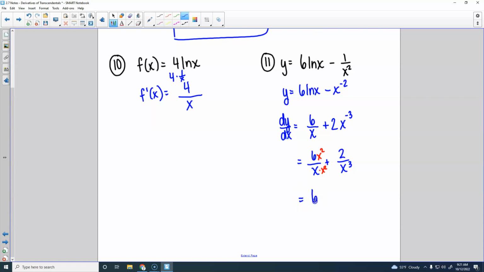So you would have 6x squared plus 2 over x to the third. Again, perfectly fine to stop here, but I do want you to look in the back of the book and try to get your answer to match whatever they have. That kind of helps you practice for some multiple choice sort of situations.